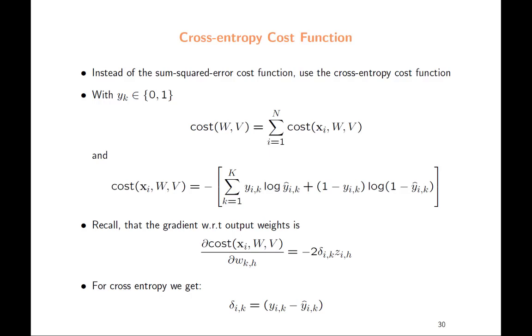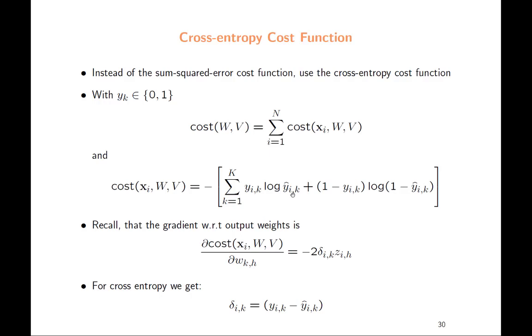It looks a little bit strange, and we will discuss later why it has this particular form. So here we see the sum over all the outputs, and here's the target, y_ik, and then here's the log of your prediction. So it's not the prediction, but the logarithm of your prediction.